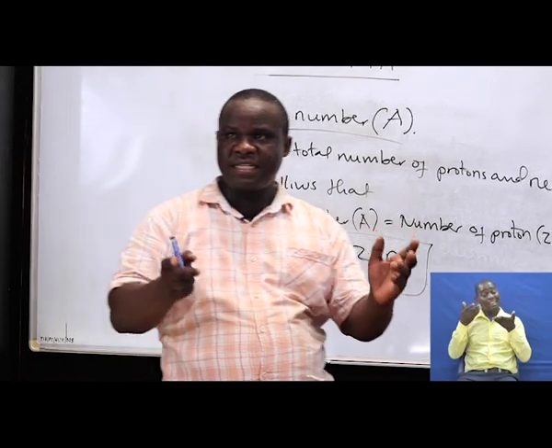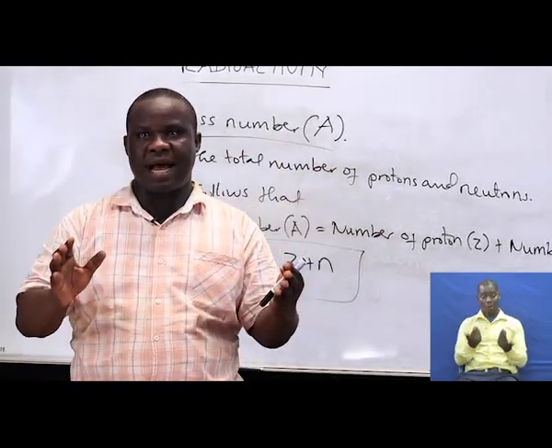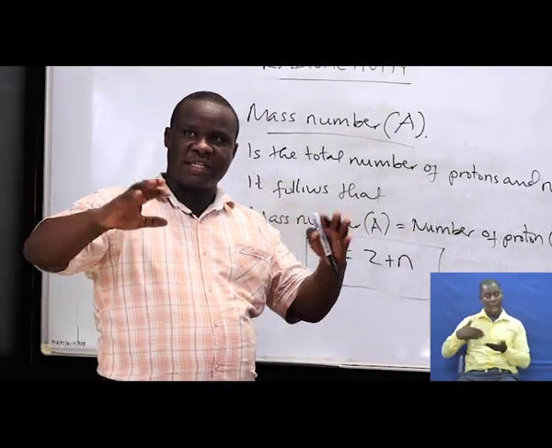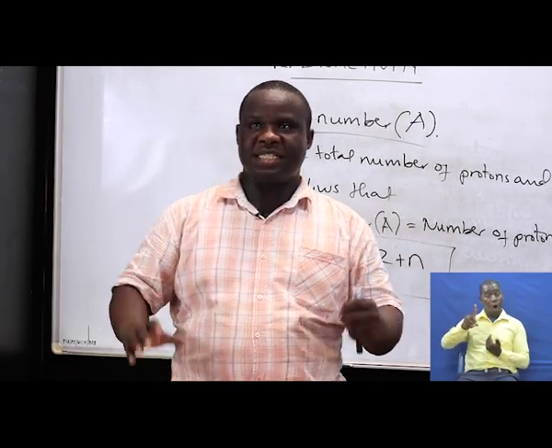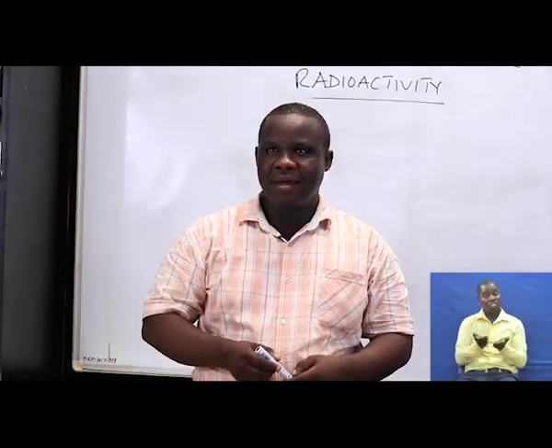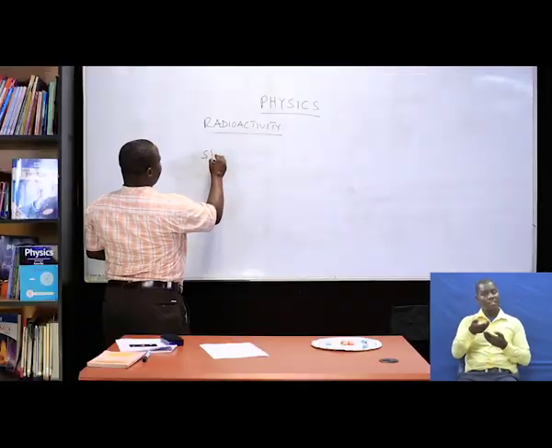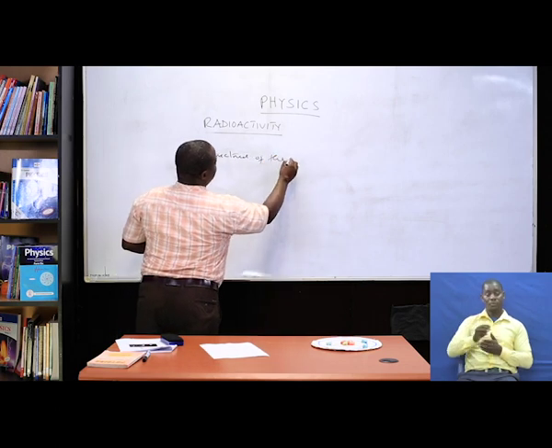Now we have discussed all these particles that make up the atom. Let us now discuss the model of the structure of the atom. Dear students, let us now see the structure of the atom.